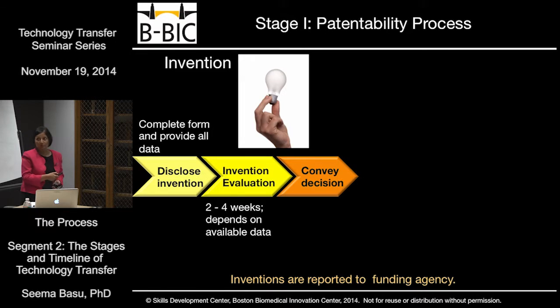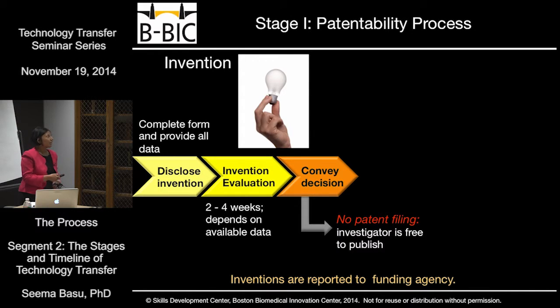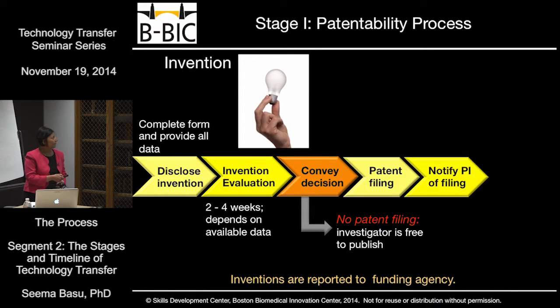Typically, the Tech Transfer Office will let you know the outcome of that invention evaluation or triage. If their decision is not to file a patent application, you can go ahead, publish, and disclose the invention publicly.